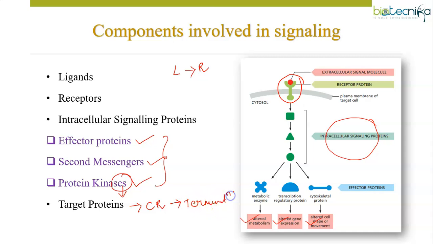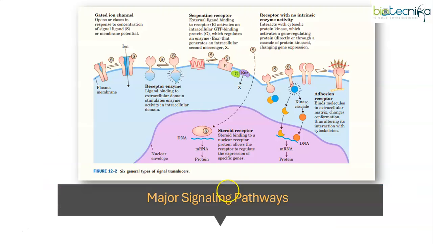Right? So, I have given you an insight into the signal transduction pathway: what the components are and what the types are. Now, let's go into more elaboration from the examination point of view. These are the major signaling pathways, and among them, let me tell you a few that are crucial from the examination point of view.